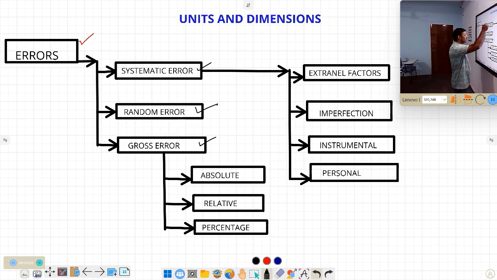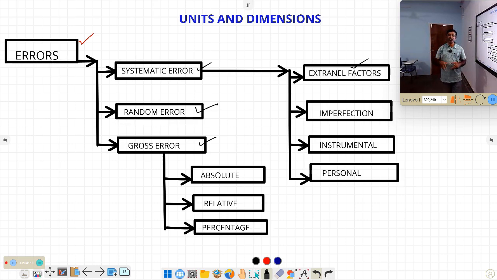Now come to systematic error. Systematic error is again classified into different types, mainly based on observation. The first one is external factors. External factors means factors from outside while you are performing the measurement. For example, in pressure experiments inside a chamber, outside pressure is also involved in changing the pressure.